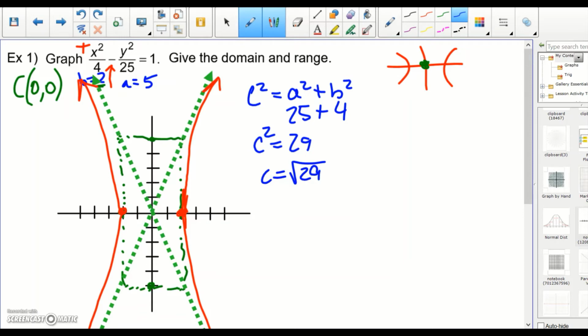About 5 point something should be here-ish, and negative here-ish. Again, it's on that major axis, but those are your foci points. The points themselves would be square root of 29, comma 0, and negative square root of 29, comma 0.